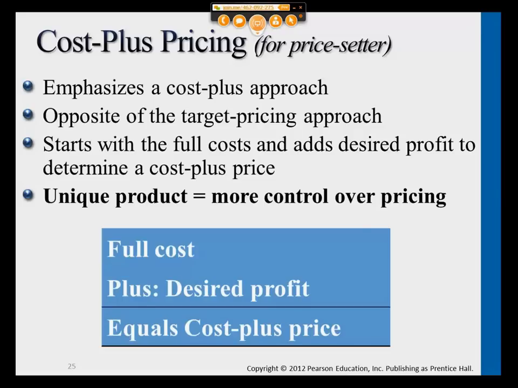For that I will use a cost plus approach, and the difference between my target pricing approach and the cost plus approach is not only that in one case I have a company that's capable only of taking a price of the competitors and modifying maybe costs, but in this case I'm going to actually set my price. I'm going to dictate the market. What is the price that I need? So I will start with my full costs, right here. I'll add my desired profit, and that will tell me what is my cost plus price.